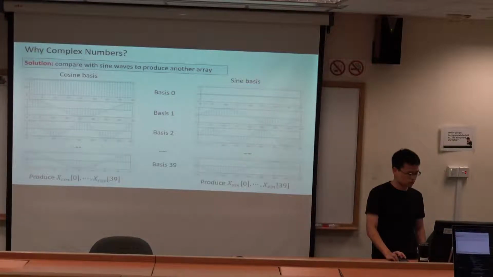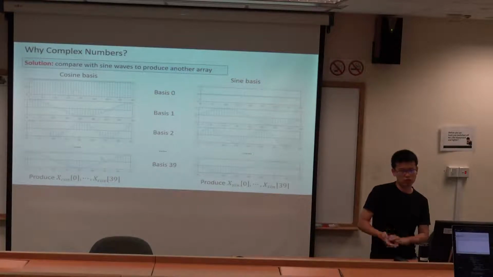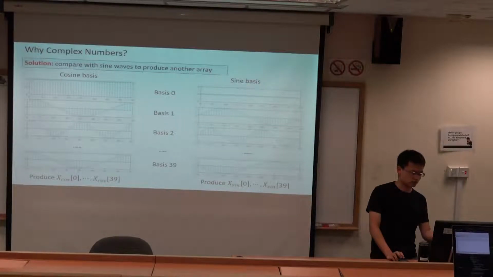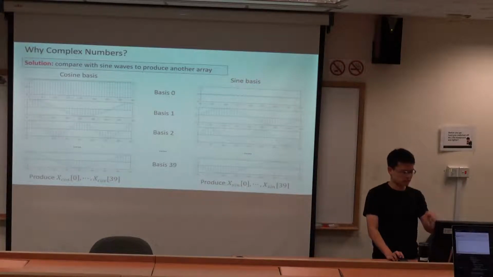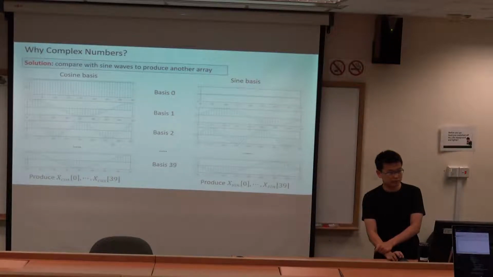The cosine basis has 39 periods in 40 samples, but we only sampled 40 times. The Nyquist frequency tells us that to sample a frequency that oscillates 39 times, at least we need 78 samples to keep the information.